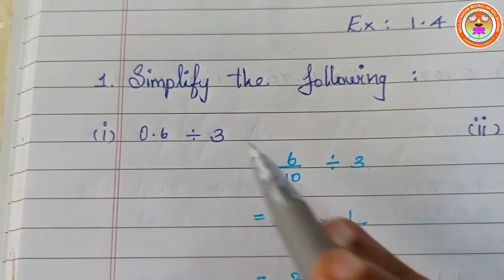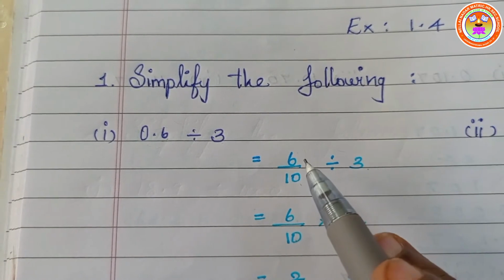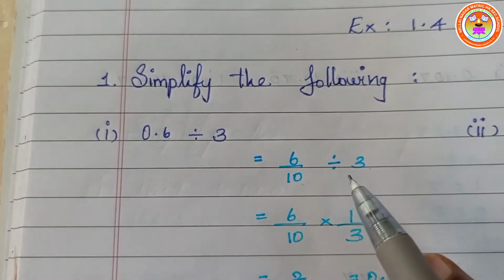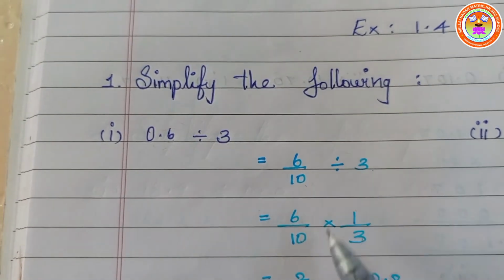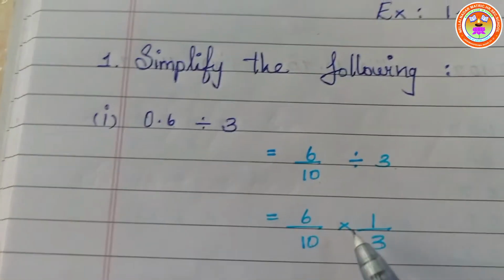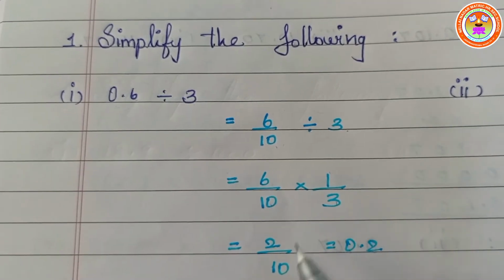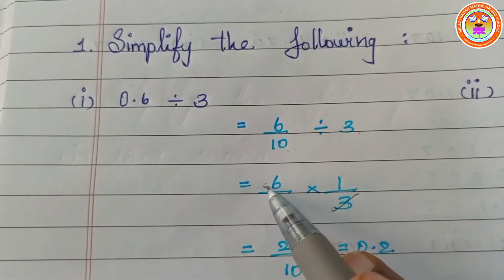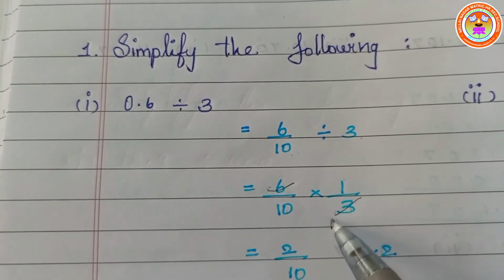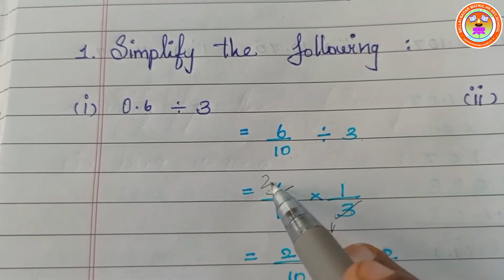First we are converting the decimal number into a fraction. Next we are converting the division symbol into multiplication. Now we can cancel 3 and 6. 3 1 times, 6 2 times.